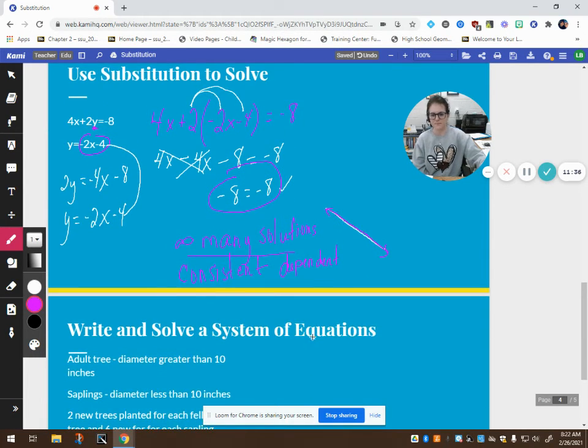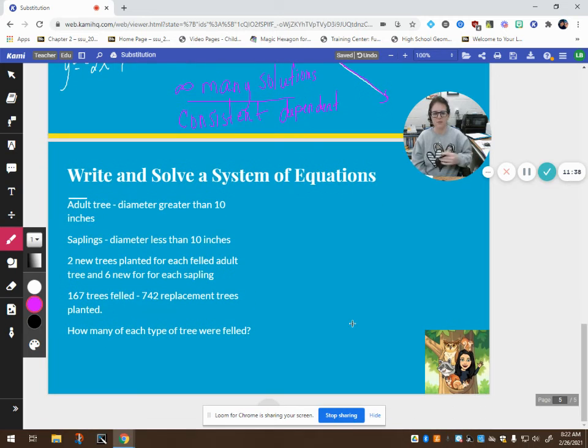infinitely many. All right, and the last problem of the day, I want to try to do this quickly. This video has gotten long, but it is to write and solve a system of equations given some information. These are my favorite because these are the most applicable. A tree is said to be an adult tree if the diameter is greater than 10 inches.